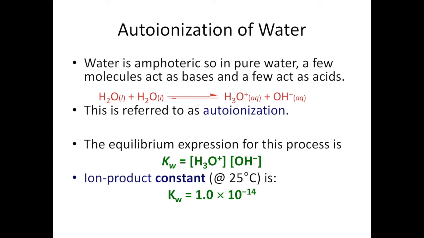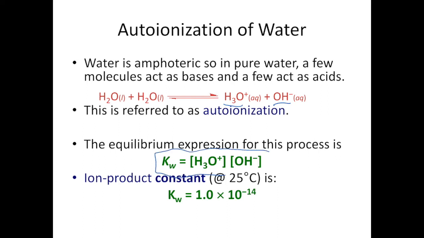Water is amphoteric, so it can act as an acid and a base, and when it is hanging out with itself, a very small amount of it will auto-ionize into an acid and a base. So a teeny bit of your water exists as H3O plus and OH minus. That's just a thing that happens.